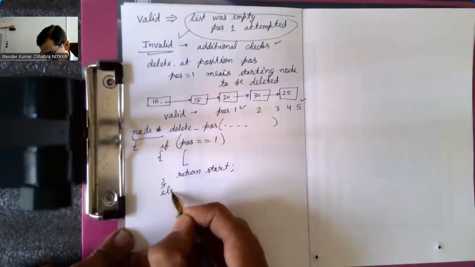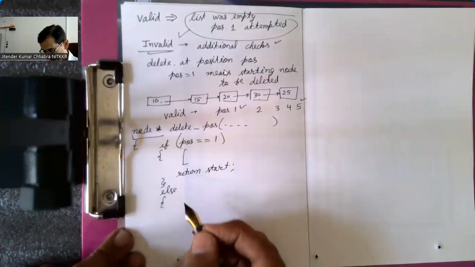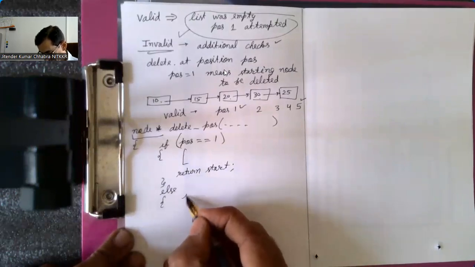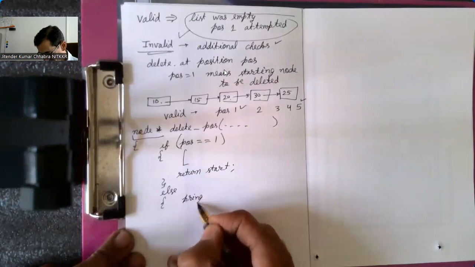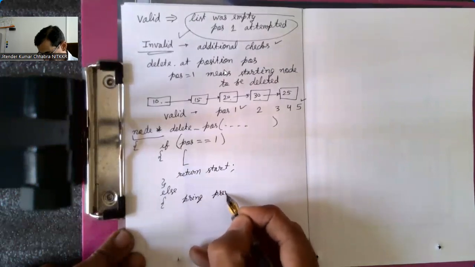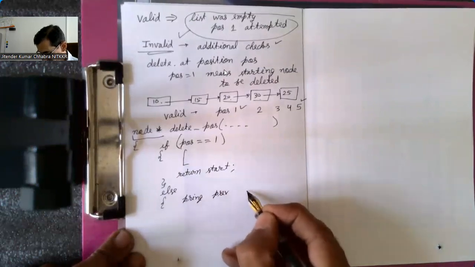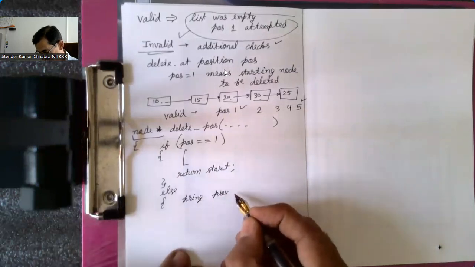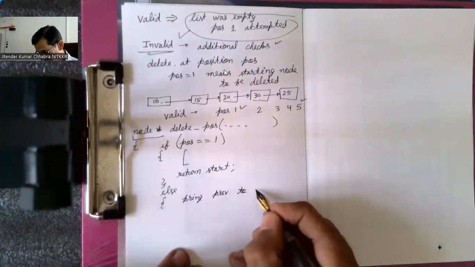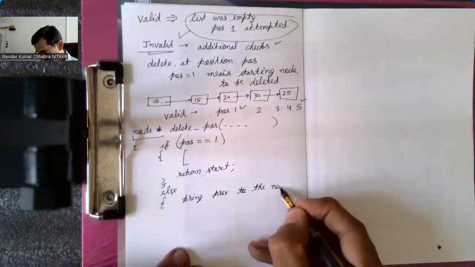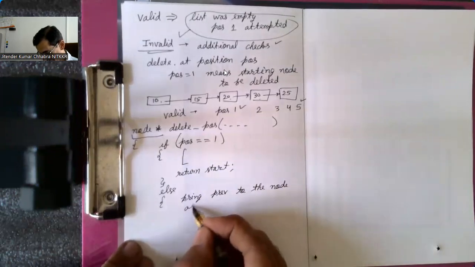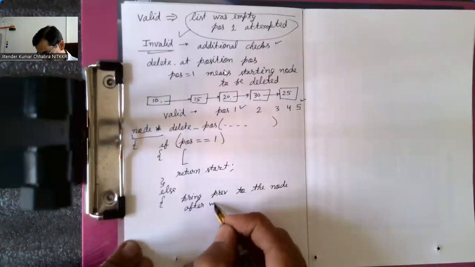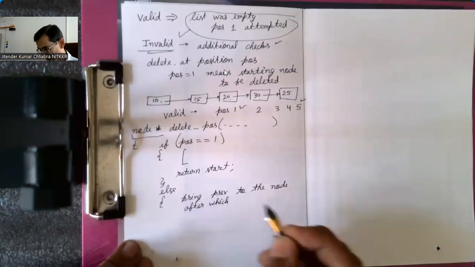Else, I must bring the previous pointer to the node after which a node is to be deleted, because you need a pointer from there to go to the next.